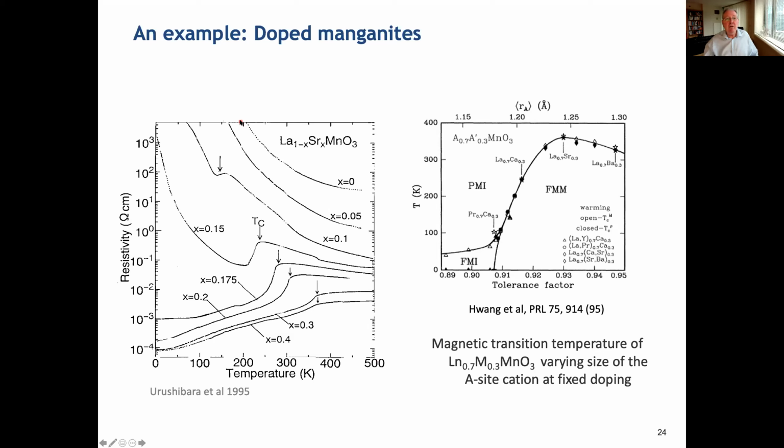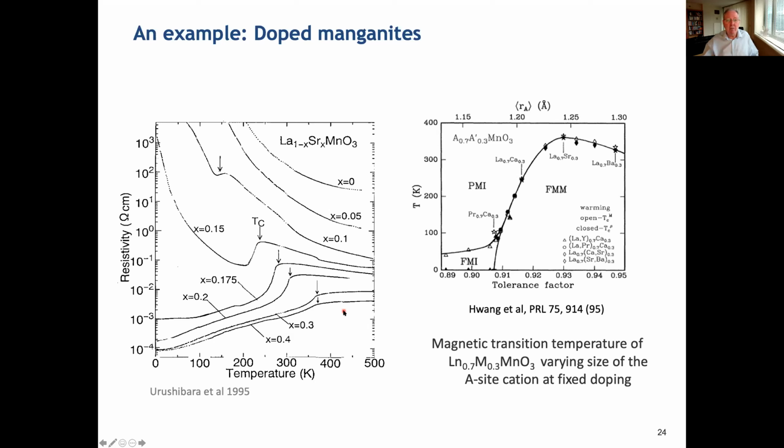At x equals 0, lanthanum manganese oxide is an insulator, quite a robust insulator. As you dope it, however, you begin to see a kink appearing here, where there's a transition from something which is a very bad metal at high temperatures to something which becomes quite a good metal at low temperatures. And this is the onset of ferromagnetism.